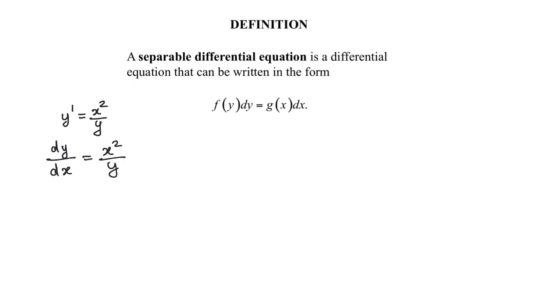Then if you cross multiply, you will get y dy equals x squared dx. Cross multiplying means you are multiplying these two and multiplying these two. Now you can see you have y on one side and x's on the other side. Now you can actually integrate both sides and work from there.